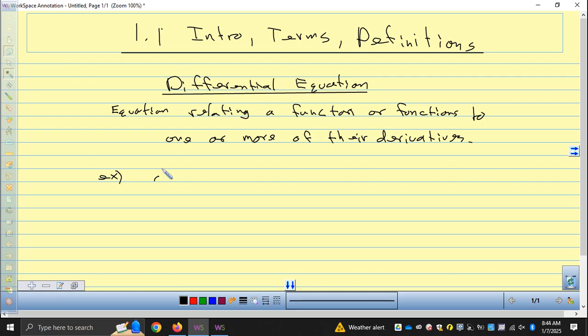For example, dy/dx is x e to the x. That's a differential equation. Y is a function, and its derivative is x e to the x. And we know how to solve this. How do we solve something like this? Yeah, we integrate.